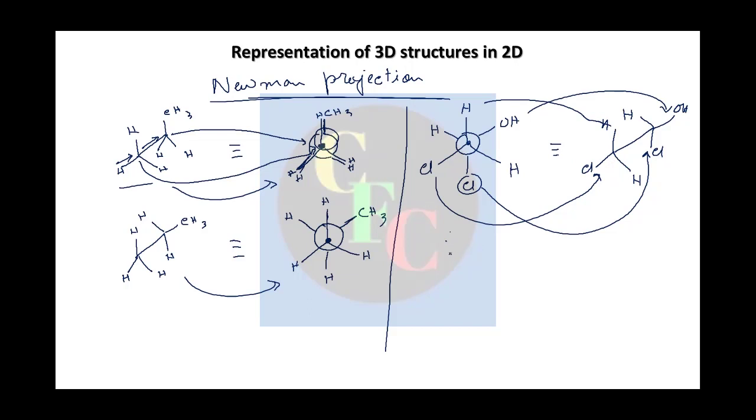So this is Newman to Sawhorse, and here it is Sawhorse to Newman.